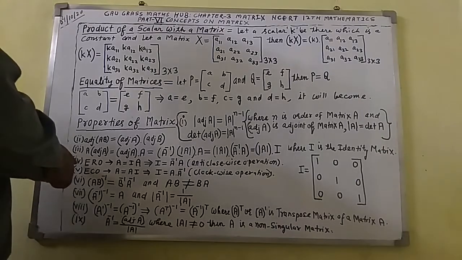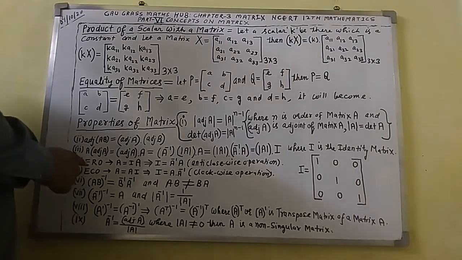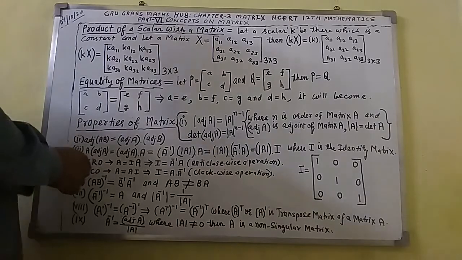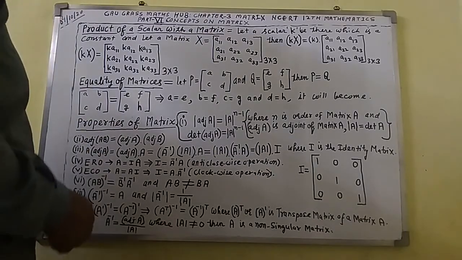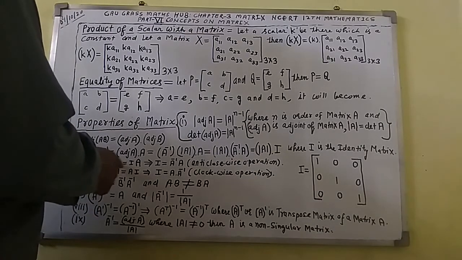Next, number 4, ERO. ERO means elementary row operation, goes to A equal to IA.